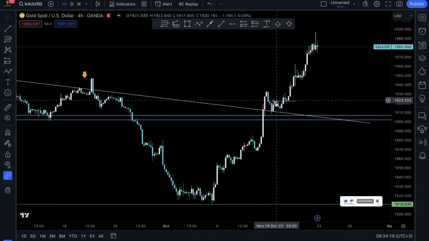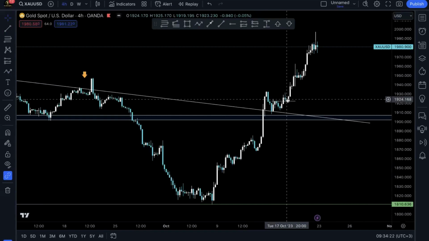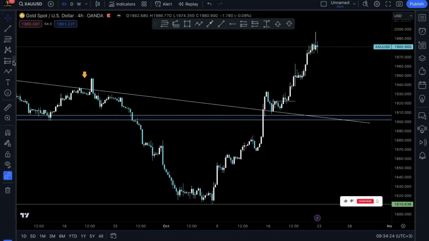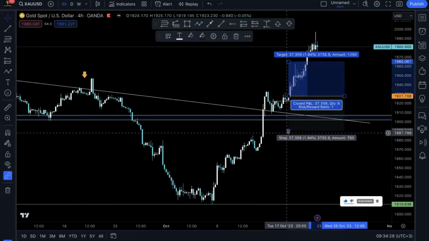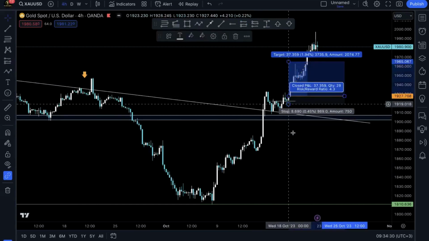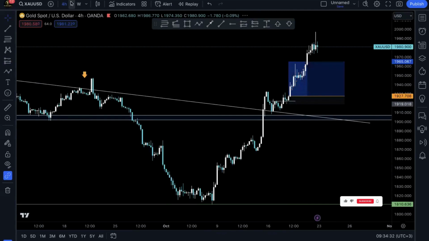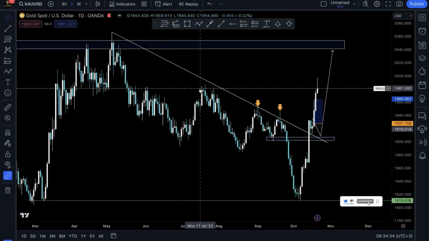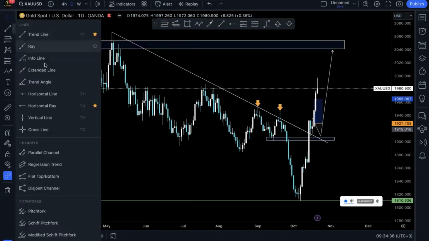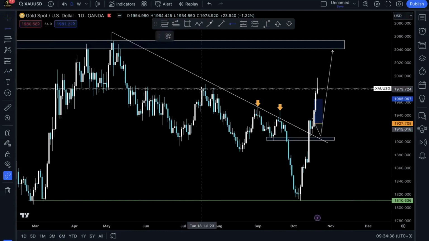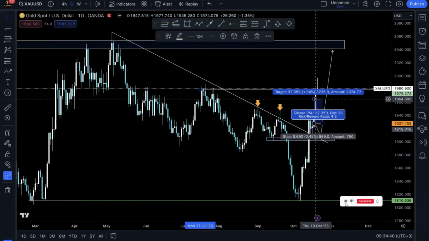As you can see here, the trend changed, broke, retest. This should have been your entry confirmation, right there with the stops below here. Your target should have been the next market structure right there.